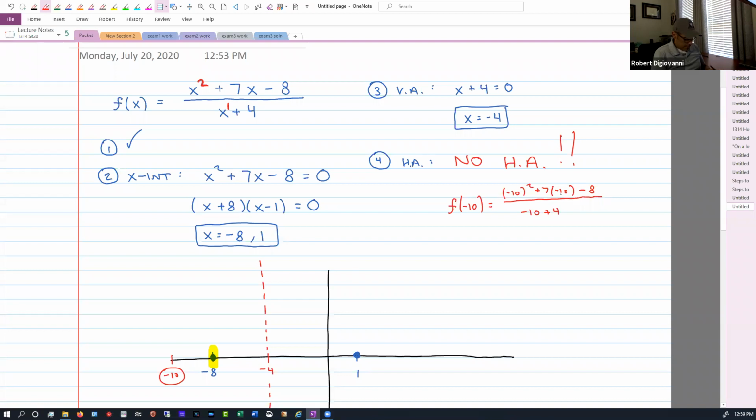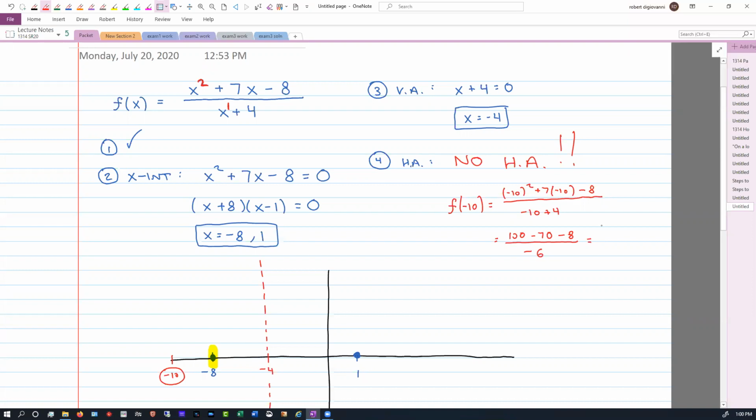That just sucks. So this turns out to be 100 minus 70 minus 8 over -6.